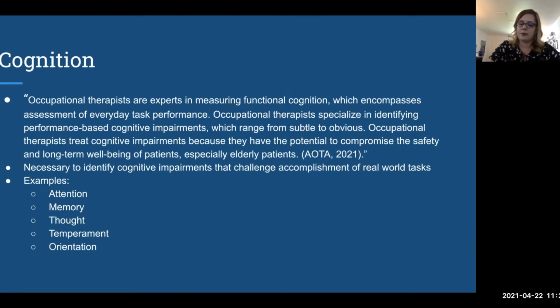So an example would be, does the person have the attention span necessary to complete meal preparation safely? Do they have the long-term memory that they need to remember the safety awareness information provided? And other functional components that we might look at include thought, temperament, and orientation.